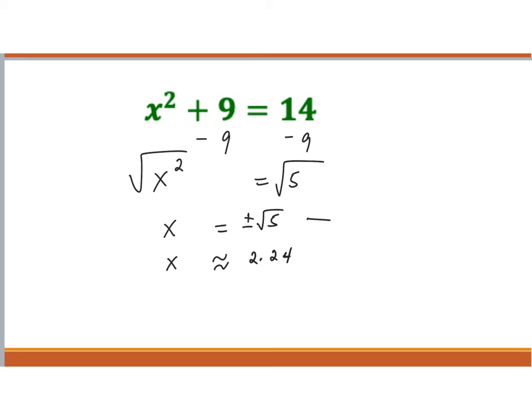So again, don't forget your plus minus. And this is called the exact value of x, or values. And these, plus minus, positive or negative 2.24, are the approximate values of x in this equation.